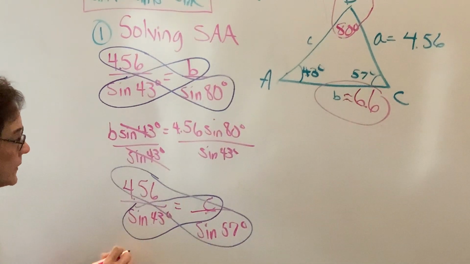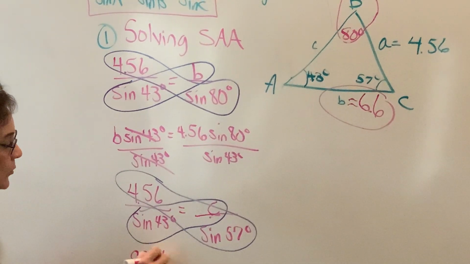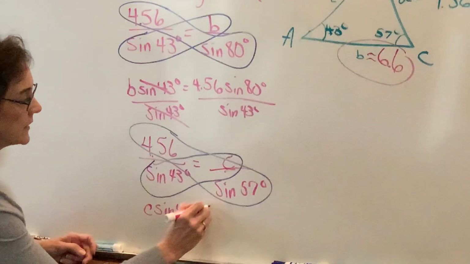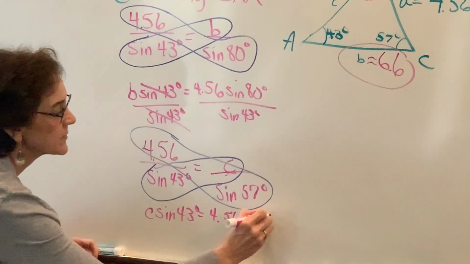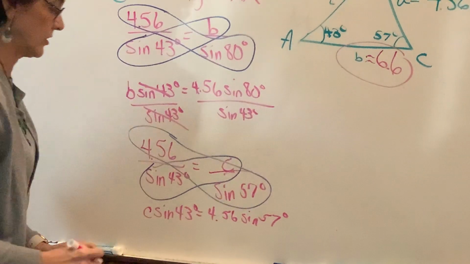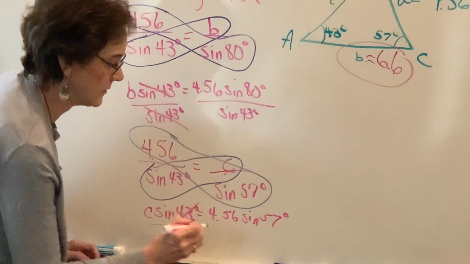So C times the sine of 43 degrees equals 4.56 times the sine of 57 degrees. And then divide by the sine of 43 degrees.